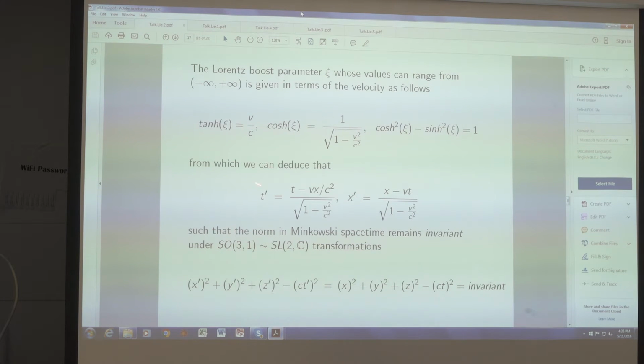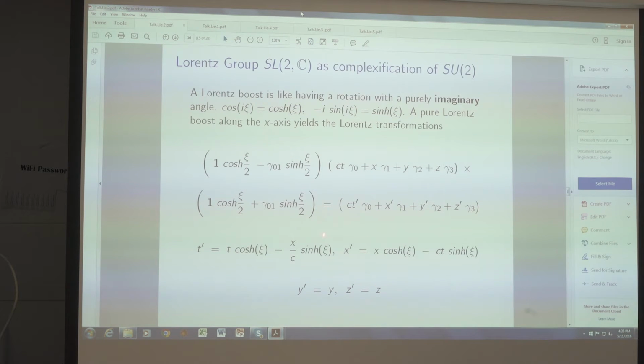So you recover the Lorentz transformations by performing a Lorentz boost, which looks like the complexification of SU(2). Because remember, the SU(2) are ordinary rotations with an ordinary angle. Here you are playing with an imaginary angle.